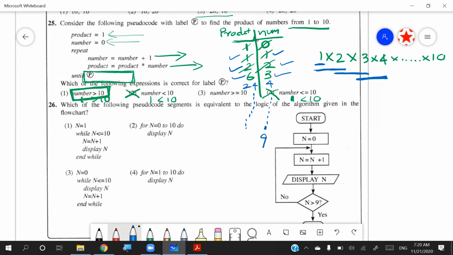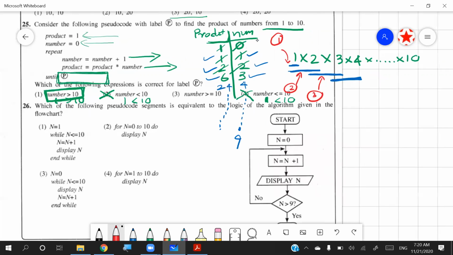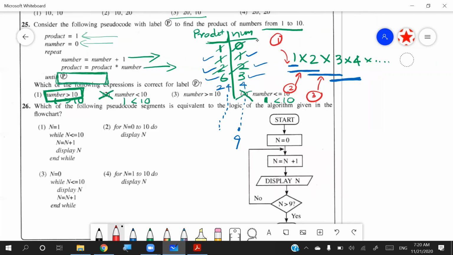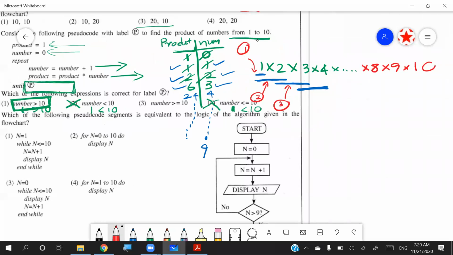Let me write the number here. This first line is when the number became 1, the second line is when the number became 2, this third line is when the number became 3. Right, so if it is 9 it's going to produce 8 into 9. Right, this particular thing will happen, right?